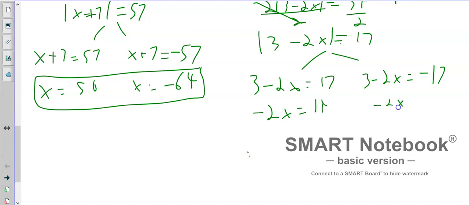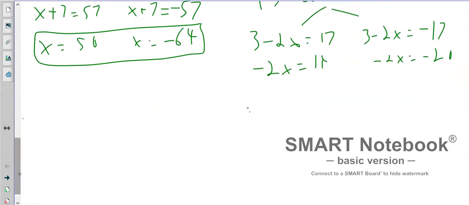And negative 2x equals negative 20. When I divide by negative 2, we don't have to worry about flipping because it's an equal sign. But if this was an inequality, we would have to flip the sign right now. We get x is equal to negative 7, and x is equal to positive 10. Negative divided by negative.